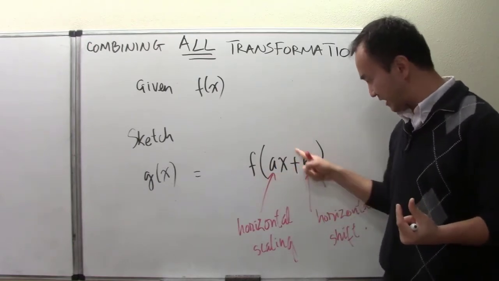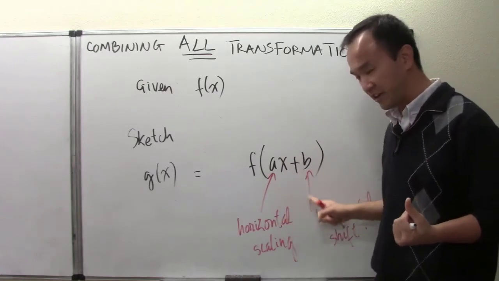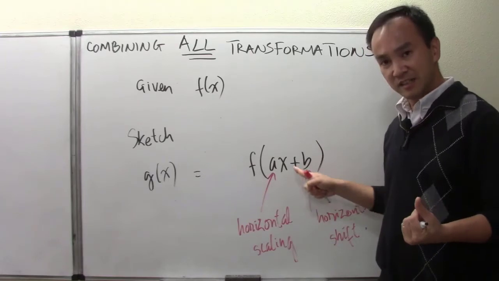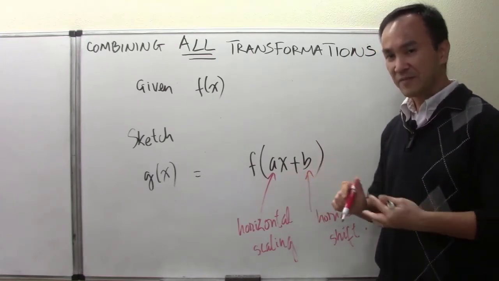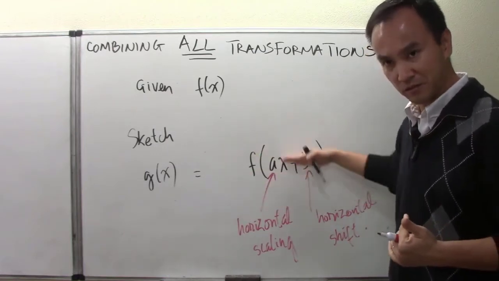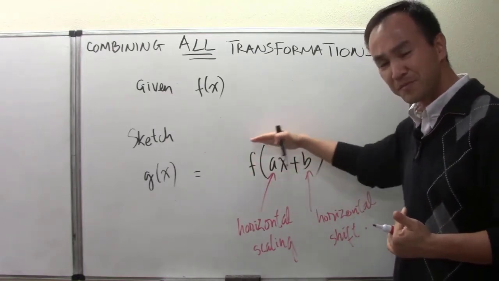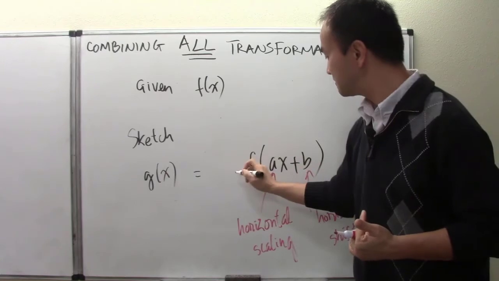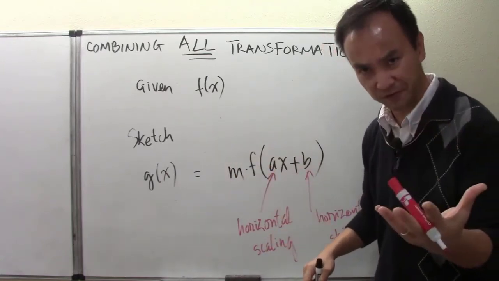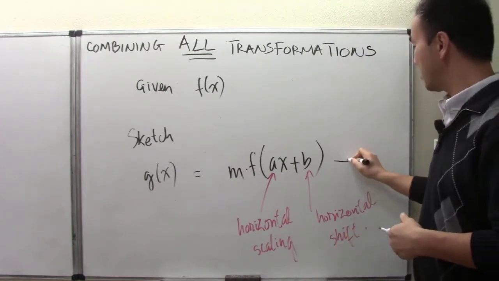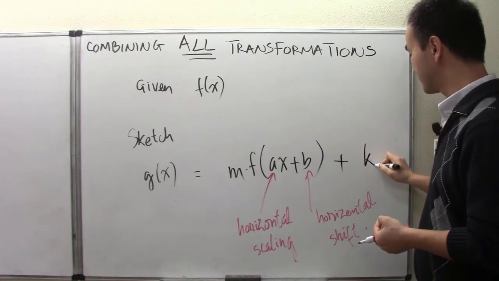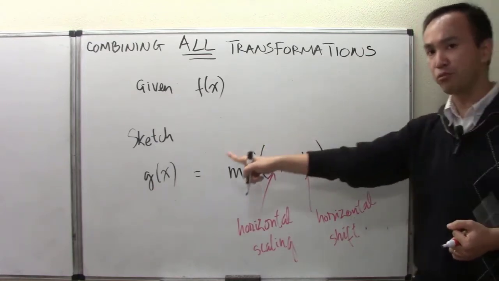Right there with that linear expression, we already notice that there are two transformations on the horizontal axis that must be taken care of. And that's just within the horizontal transformations. Now think about it being multiplied with a coefficient in front of the function, and then added with a constant. So this is a complete form.